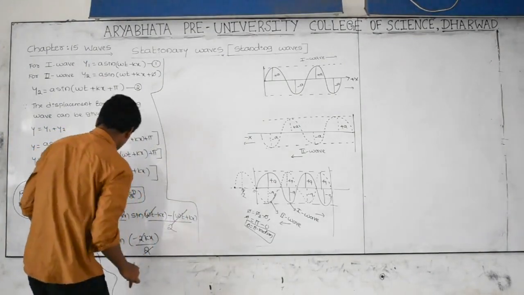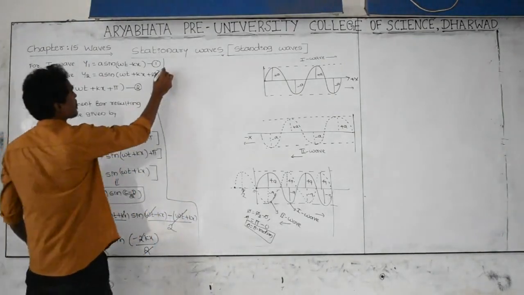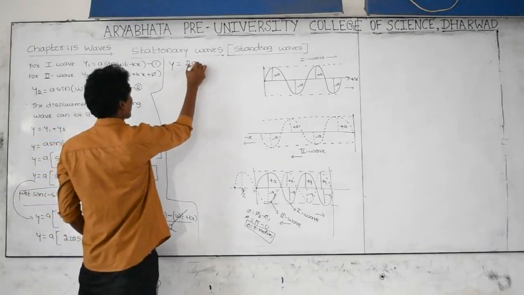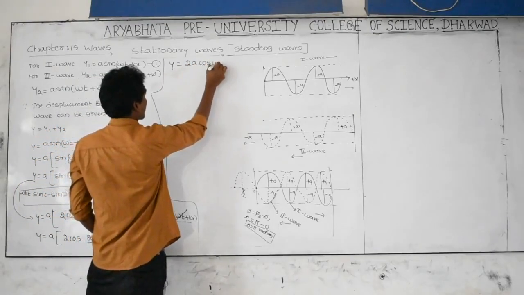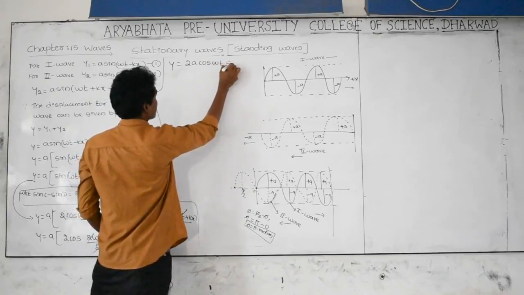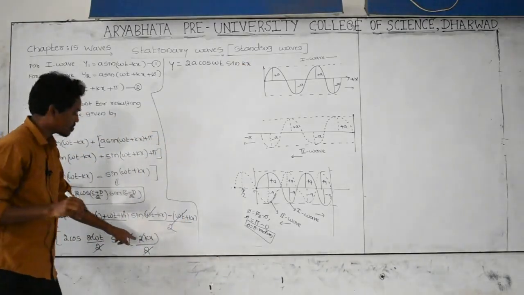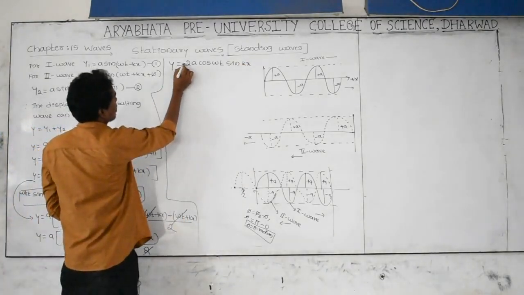I am writing this term here: y is equal to 2a cos omega t sine of minus kx. This minus I am taking here.